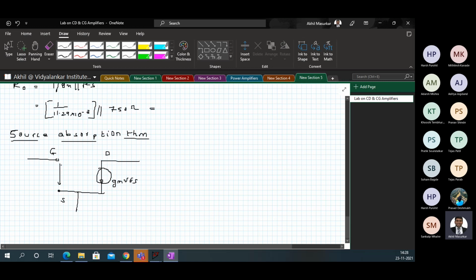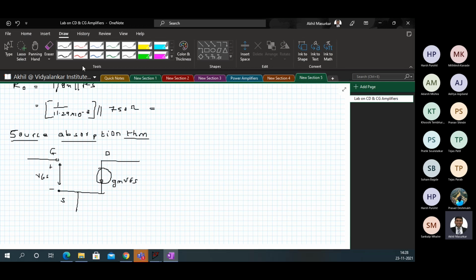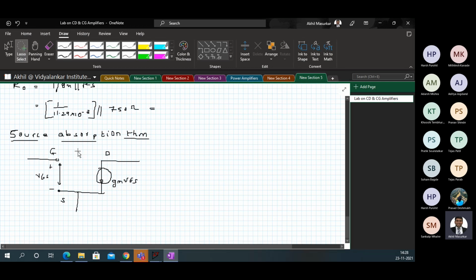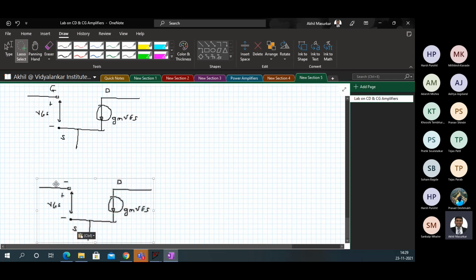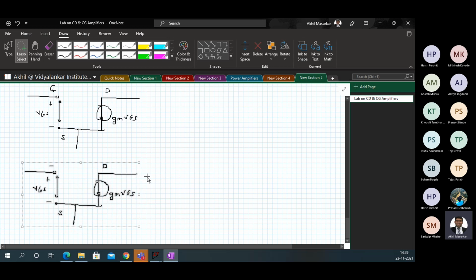And here you have plus minus. Now what we can do is, we can take this particular circuit and write it in this way.